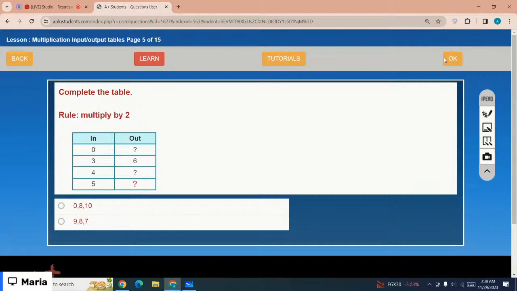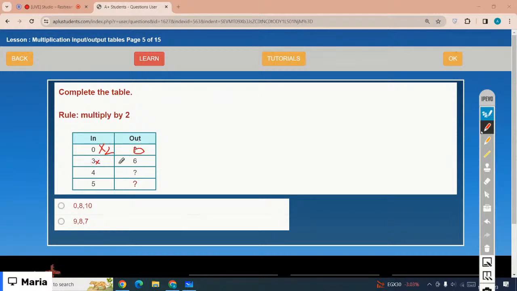Complete the table, multiply by 2. So which numbers are missing? 0 times 2 is 0, 3 times 2 is 6, 4 times 2 is 8, and 5 times 2 is 10.